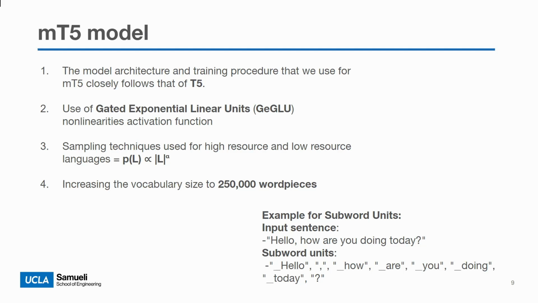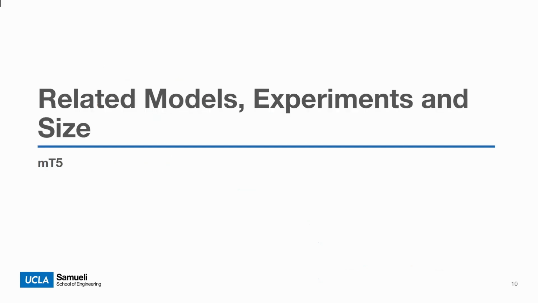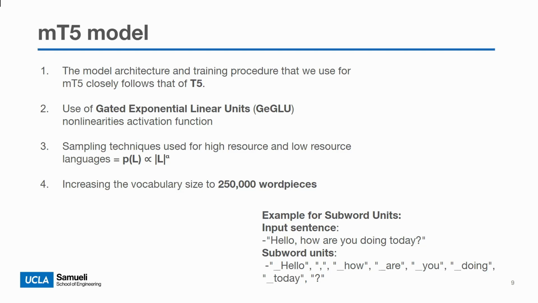Another important aspect of MT5 is increasing the vocabulary size to 250,000 word pieces. The fact that the MT5 model covers over 100 languages necessitates a larger vocabulary. Subword units are fragments of words that are used to represent the full word in the model's vocabulary. By breaking words into subword units, the model can better handle out of vocabulary words and rare words that may not be present in the training data.